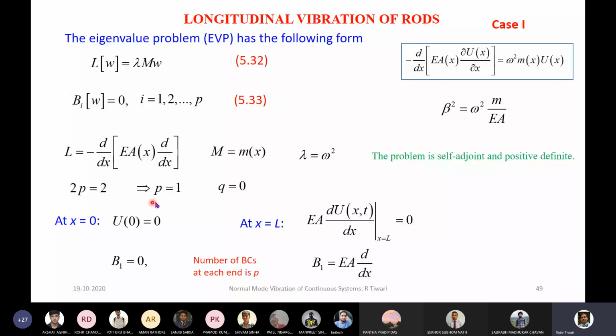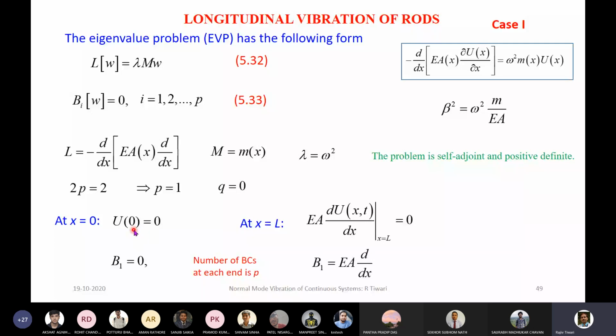So at x is equal to 0, we will be having only one boundary condition because we have p is equal to 1. So at x is equal to 0, u0 is 0. And this is the boundary condition.